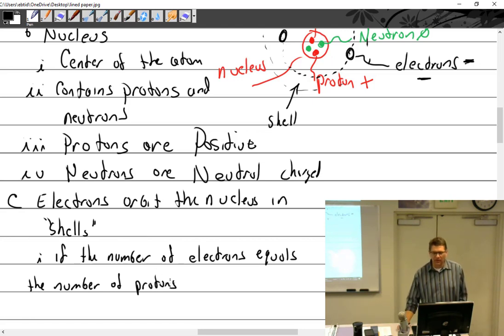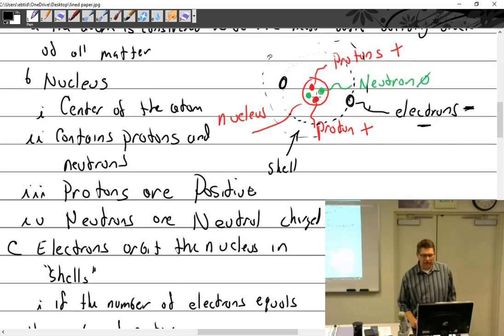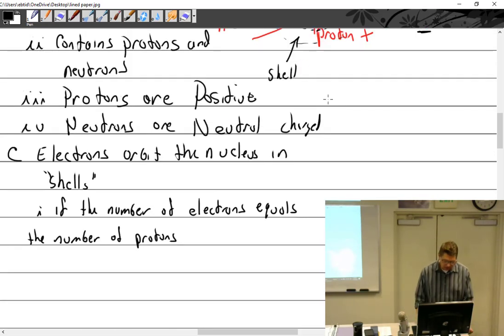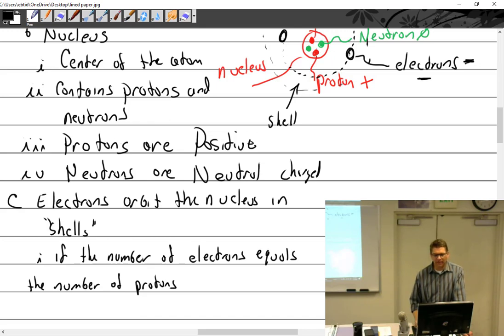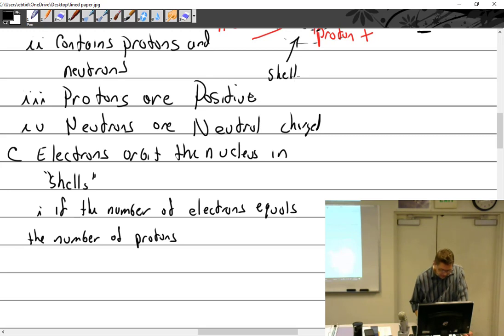In other words, my little atom that I drew, I have 2 protons, 2 neutrons, and 2 electrons. That is a neutral atom. And it's supposed to be that way. It matches all the way across, sort of. Okay. The atom is neutral.